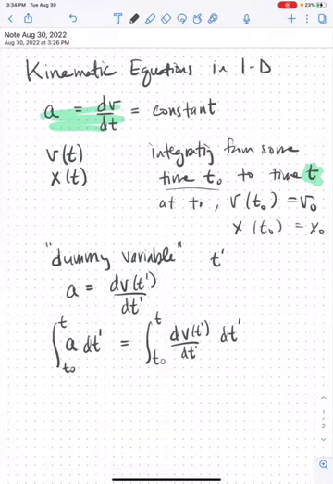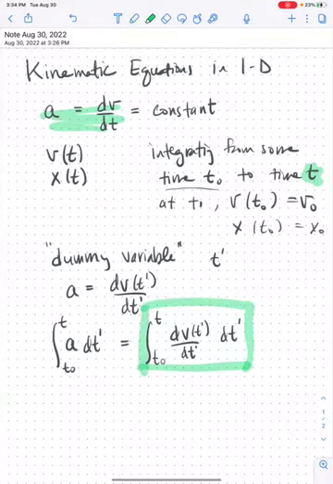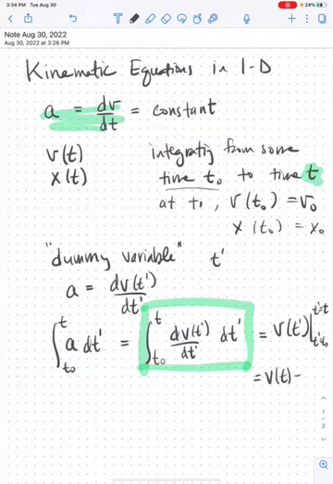And so by the fundamental theorem of calculus, this thing on the right gives us v of t prime evaluated from t prime equals t0 to t prime equals t, which is v of t minus v of t naught. Okay, so that's the right side of this equation.